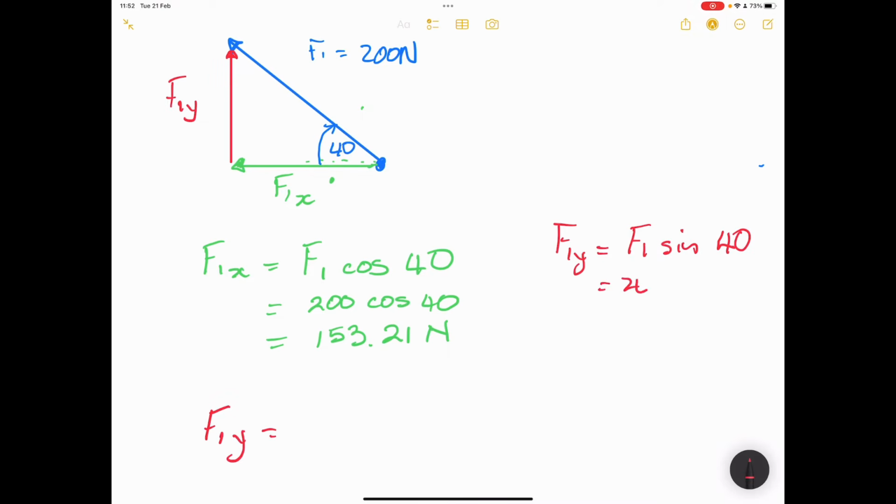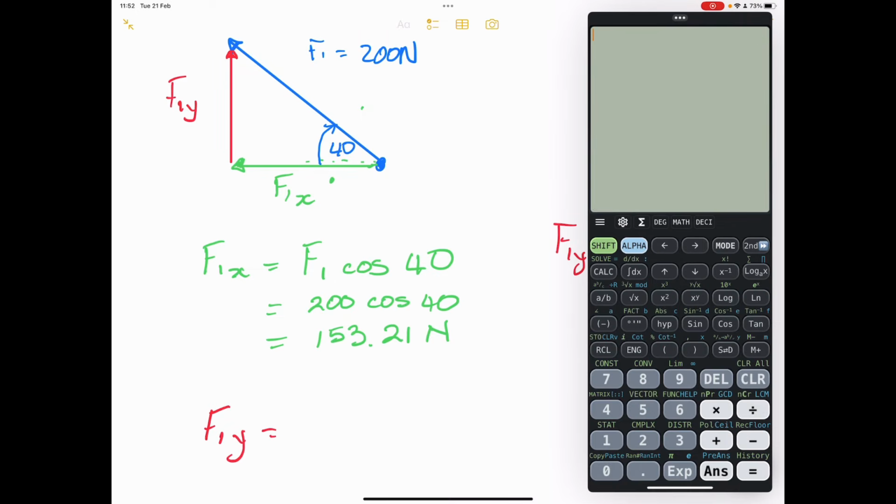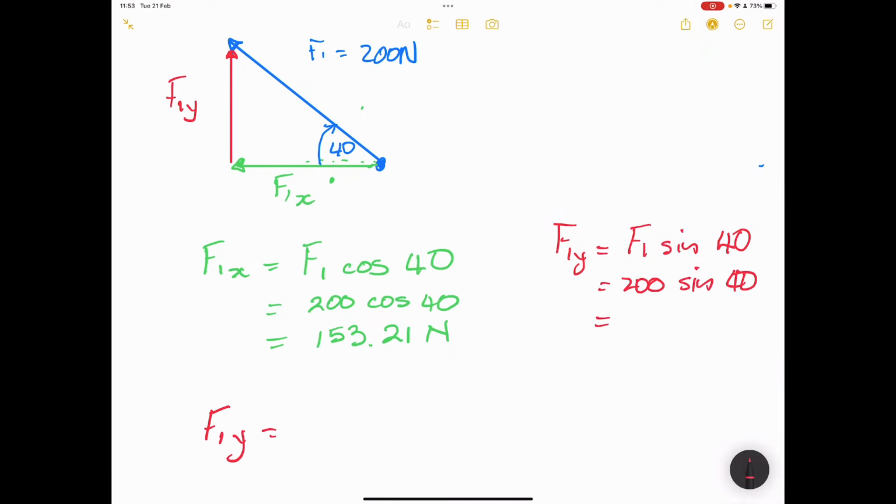So that's 200 sine of 40, and I get 128.56 newtons. Of course, you'll work it out so that you see if you get the same value.